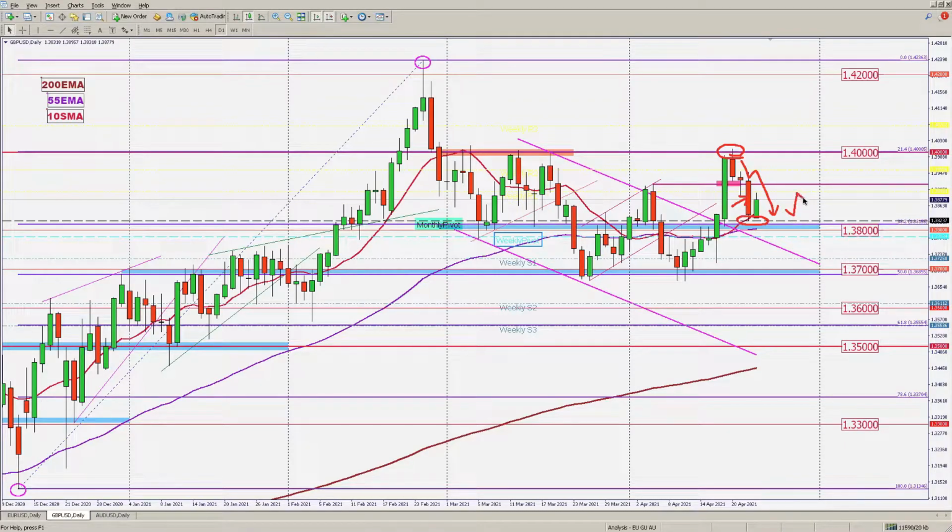So we'll see whether it's able to recover next week to break out higher, or it could be just a range for the week. And this week there is no major news from the UK. Let's also take a quick look at the 4-hour time frame.